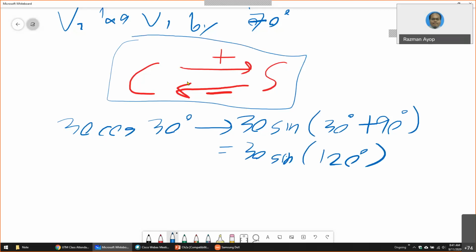Same here, if you have another example, for example 40 sine(60 degrees). So how to do this?